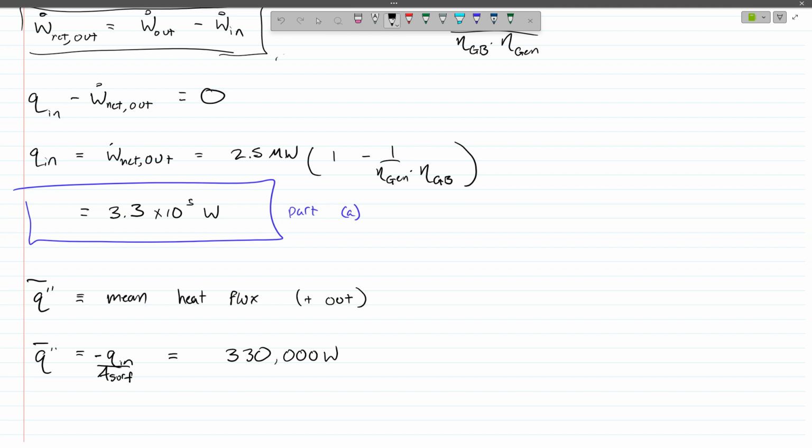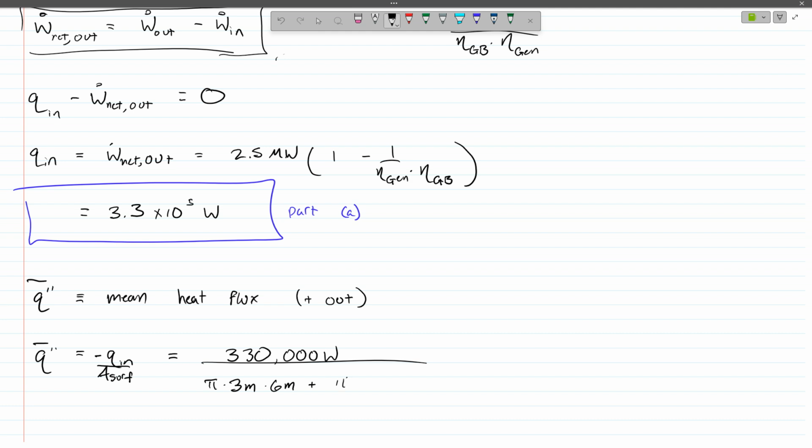330,000 watts divided by, here's our pi times 3 meters times 6 meters. It looks like I forgot the end caps on there. Or are we assuming that it doesn't have end caps? Yeah, let's go ahead and throw the end caps in there too.